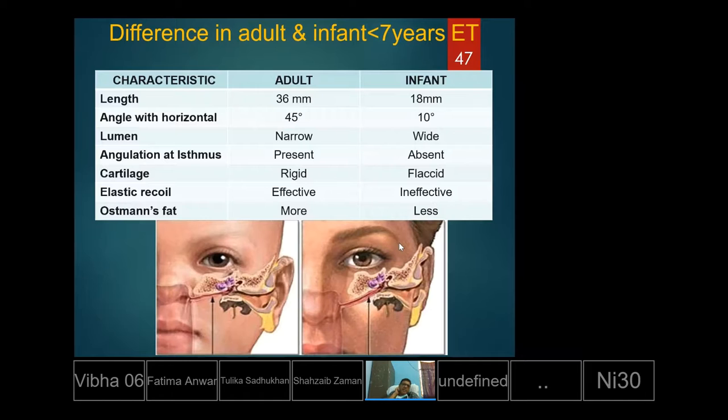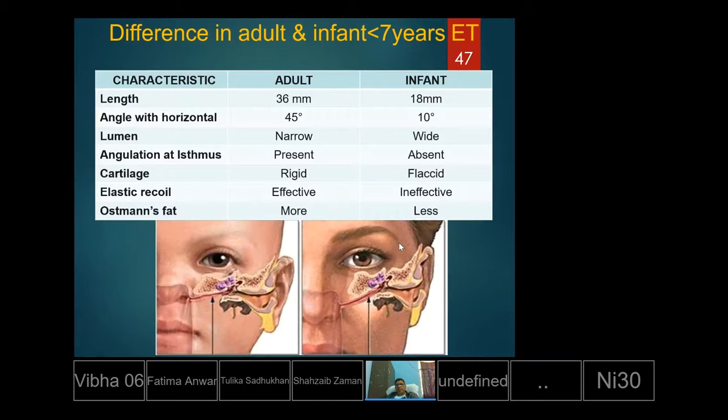The next part is the difference between adult and infant Eustachian tube. It is asked in examination very frequently. So first is the length. The adult Eustachian tube is 36 mm, while the infant is 18 mm.